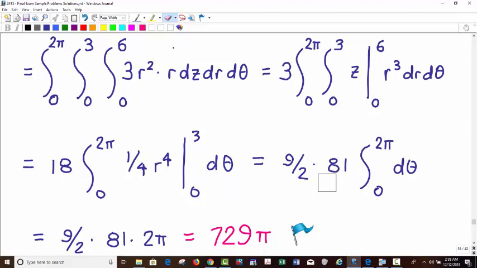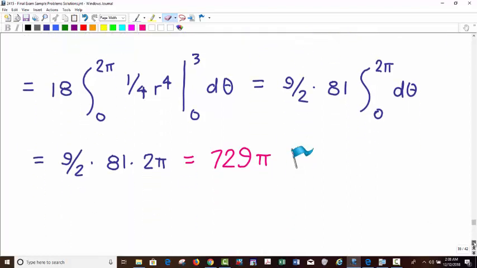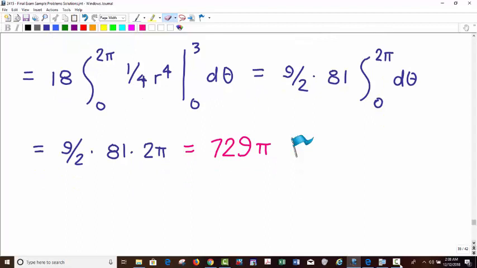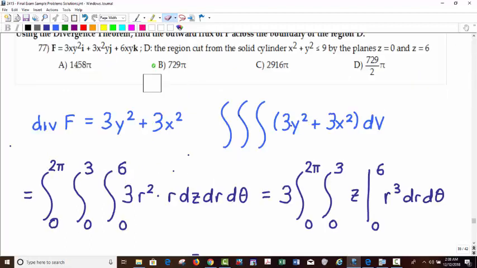So you have 9/2 times 81, 0 to 2 pi for d theta. And then that just puts a 2 theta in there. So 9 over 2 times 81 times 2. You see the 2's would cancel, of course. And that's going to give you 729 pi. There we go.